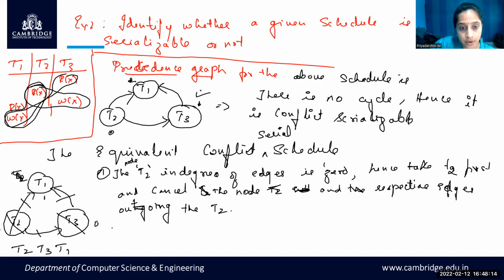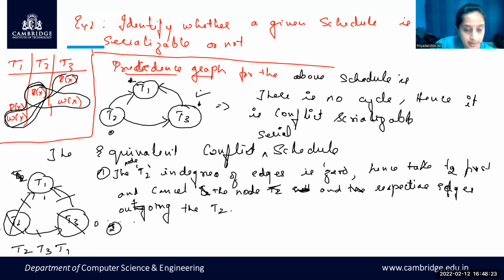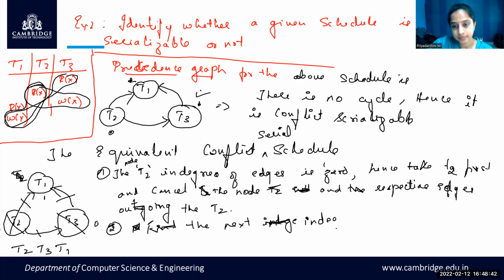Second point is next find the next node. If you are running out of time, we will restart.